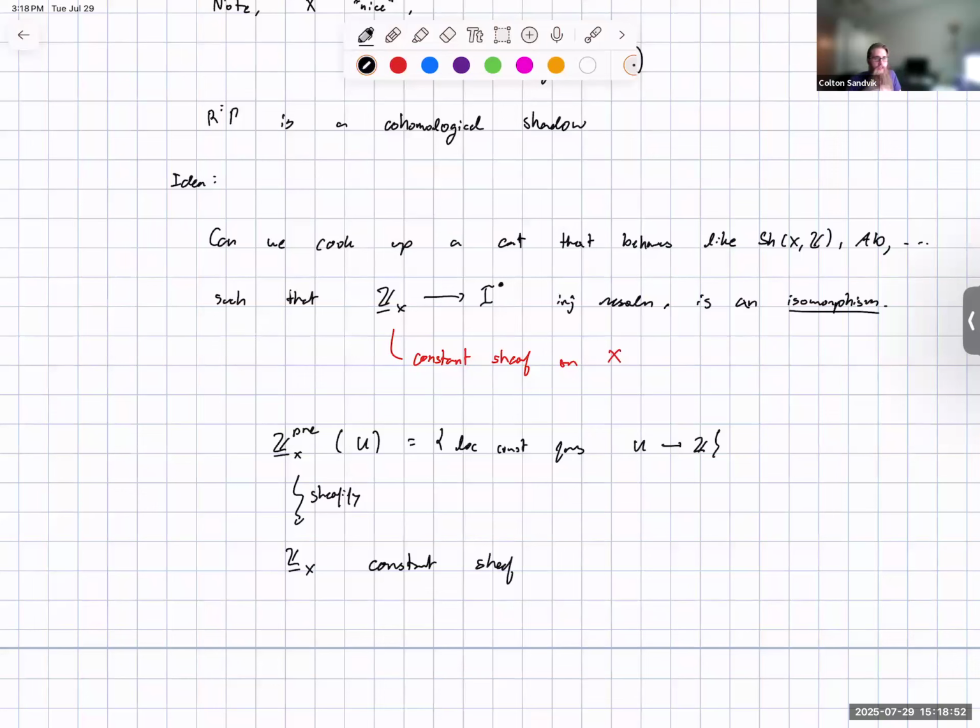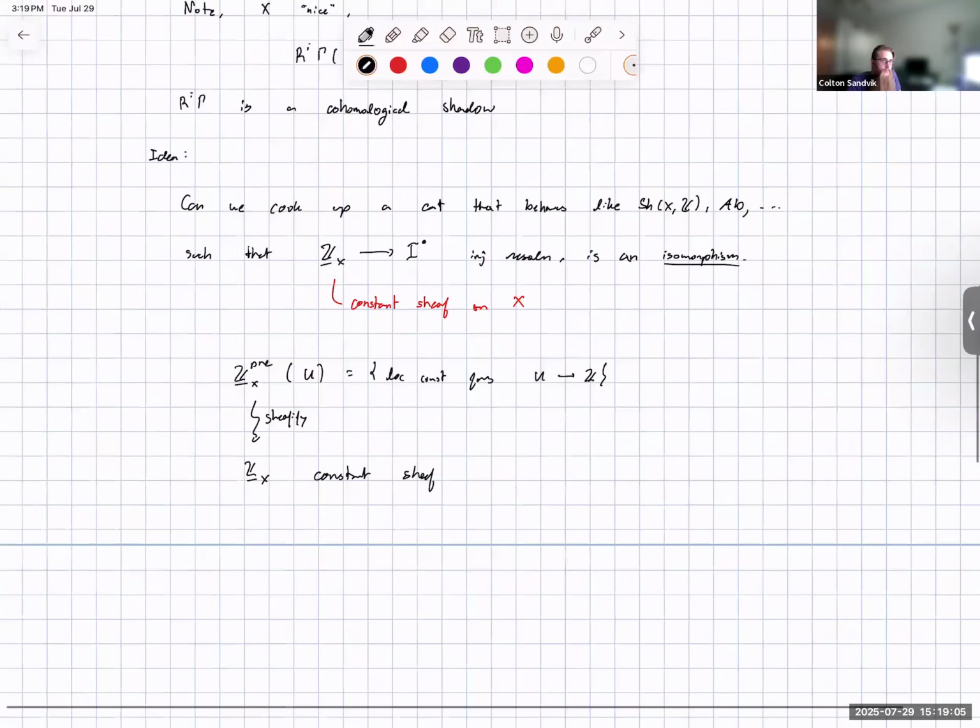It's not characterized by this, but one notable property is all its stalks are isomorphic to just C. So it's a local system with trivial monodromy.